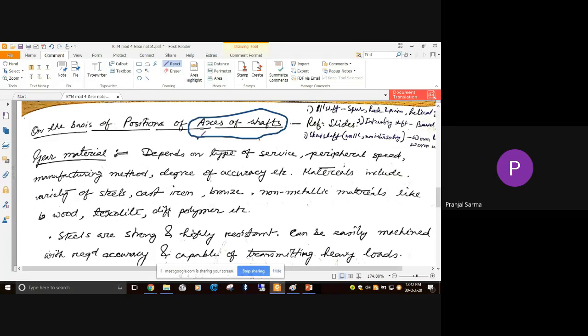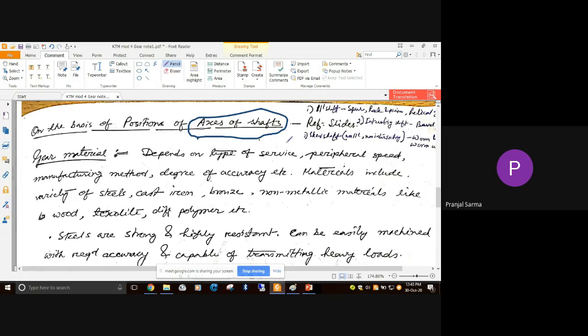All those required terminologies we can get with respect to it. That's why we generally see spur gears, and they fall under the parallel shaft arrangement. Similarly, we can have skew shafts, that means when the axes are intersecting. That kind of arrangement we can have. And for parallel shafts we can have spur gears, helical gears, etc.